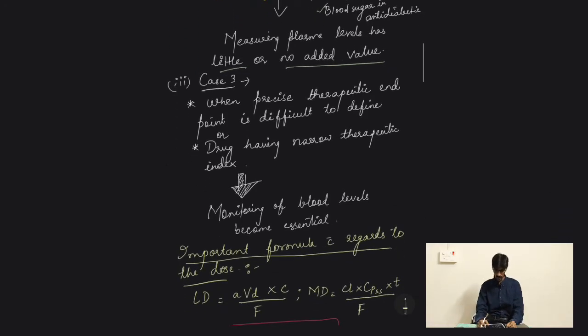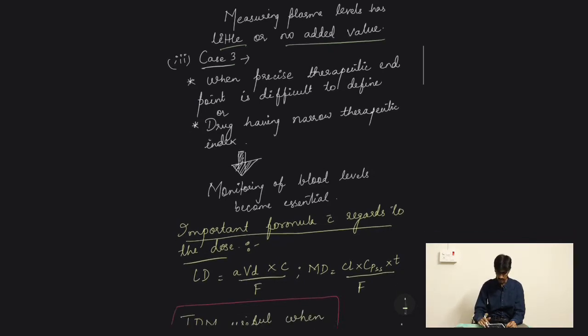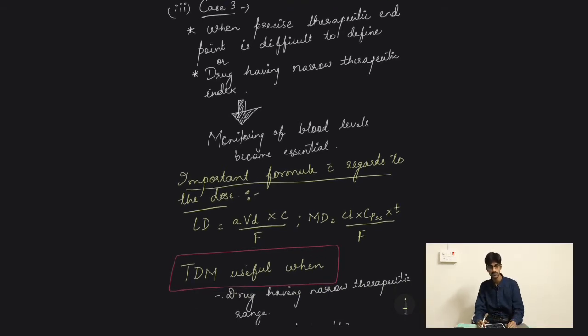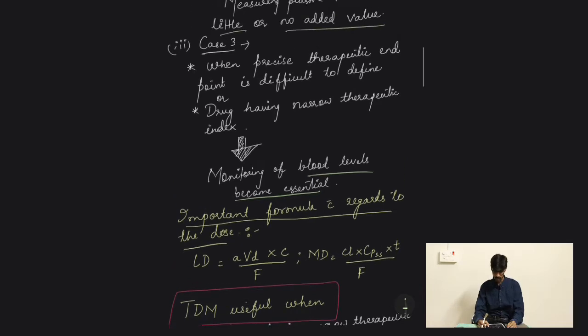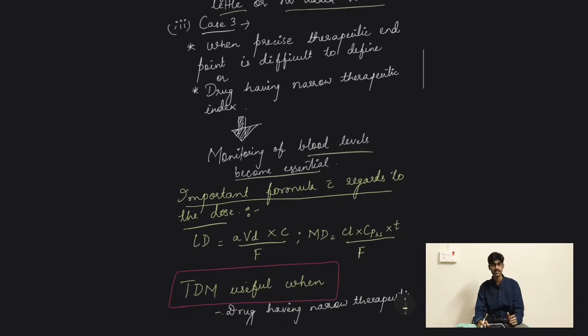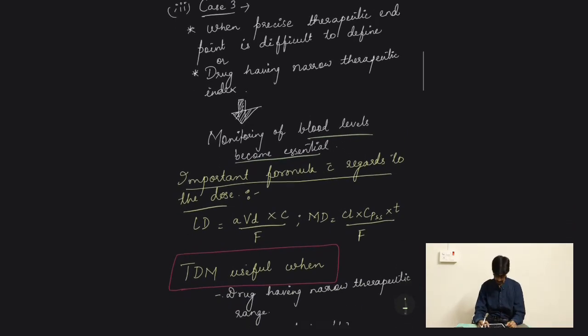And when a precise therapeutic endpoint is difficult to define, or the drug has a narrow therapeutic index, in such cases monitoring of the blood levels of the drug becomes essential. So in those cases therapeutic drug monitoring is required.